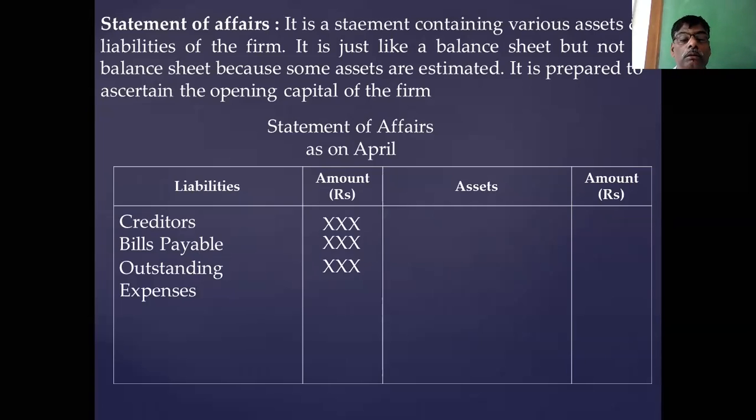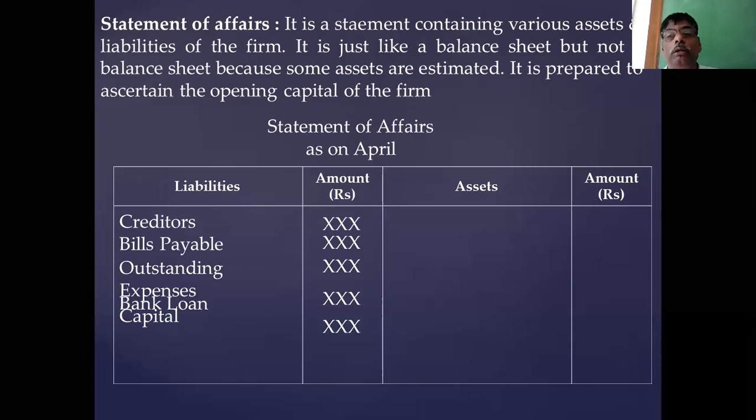Then bank loan or any loans taken from the outsiders. Any type of loan you take. These are some liabilities I have given for your reference. Whatever liabilities are there, you write on the liability side. Then lastly, you write the capital.